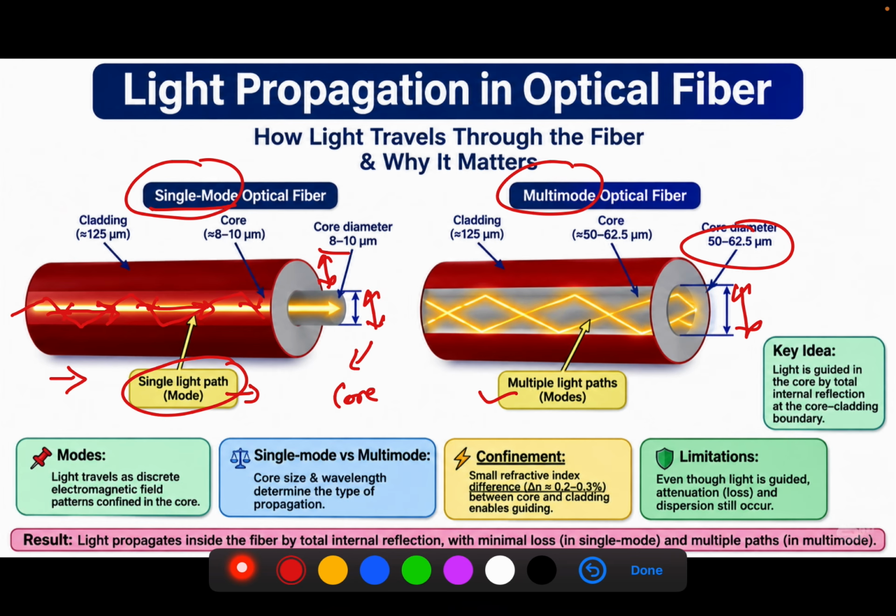As I told you, the main property for light to travel inside the optical fiber is total internal reflection, in short known as TIR. One more point to note is that the core size and the wavelength determine whether the fiber supports a single mode or a multi-mode.